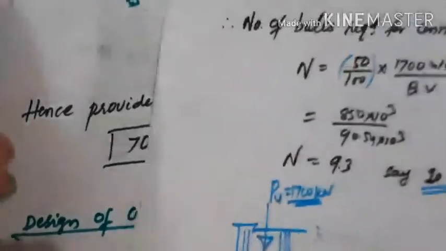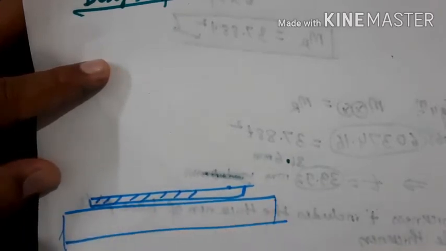So just you assume like this, you take the plate, you take the size of the plate like this, then this is the concrete pedestal, then you assume the load is dispersing at an angle of 45 degrees.